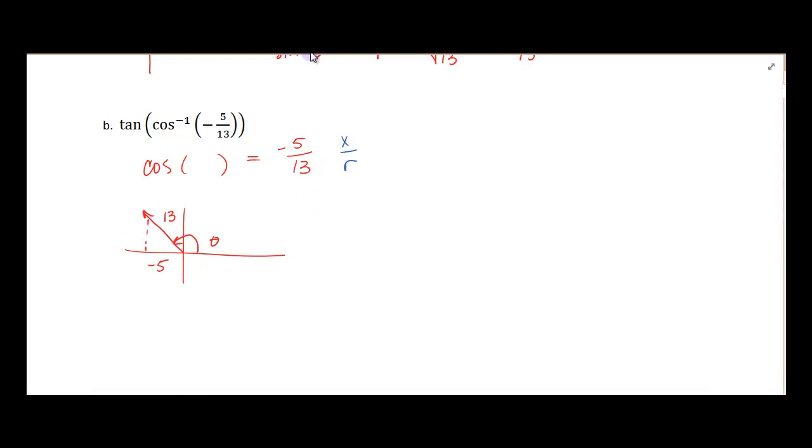So for this particular case, x is negative 5, r is 13, and when I use the Pythagorean theorem, I find out that y is equal to 12. I can do that one in my head because I know that a 5, 12, 13 is a special triangle, or you can use the Pythagorean theorem to calculate it yourself. So I know this y value is 12.